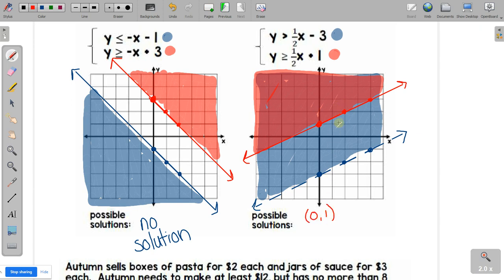Let's see, 1, 3. Negative 2, 0, and it's also on the line. Anything here is not a solution. It has to be where they overlap.